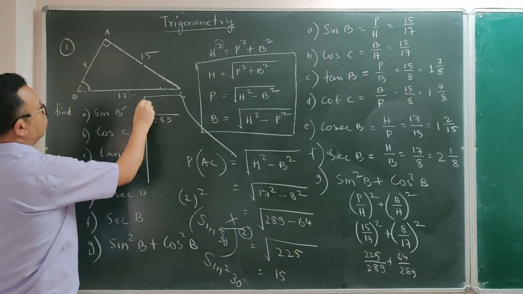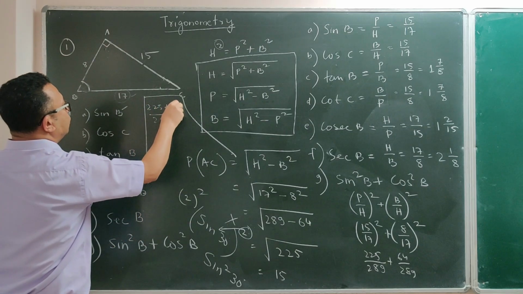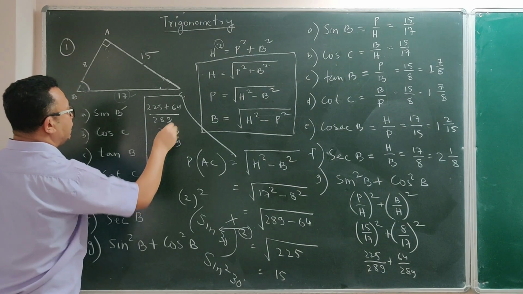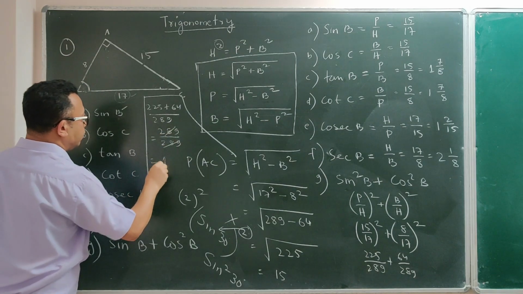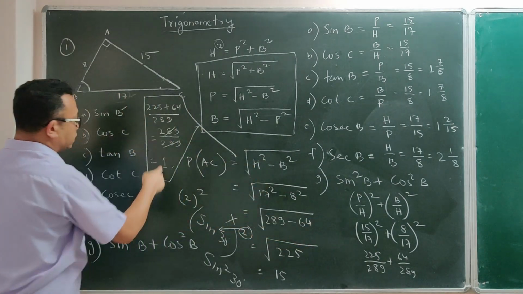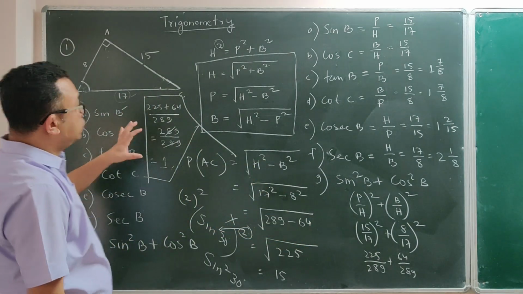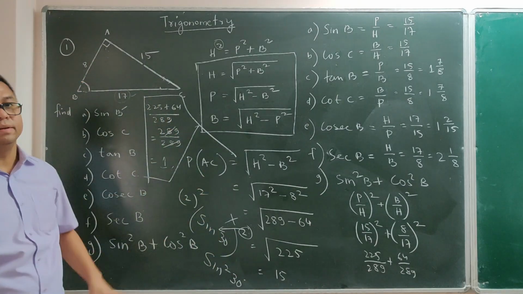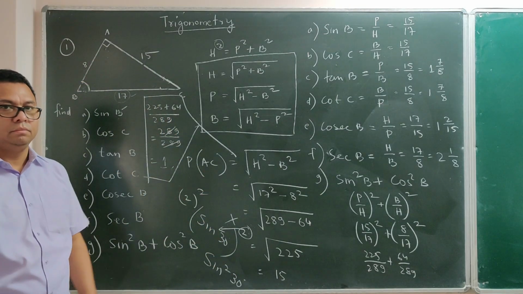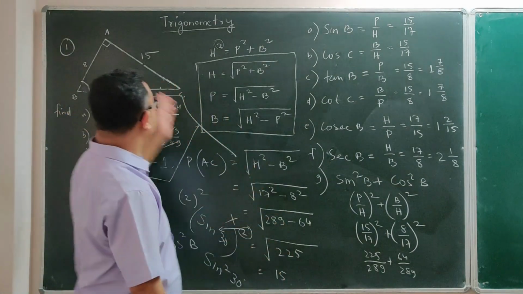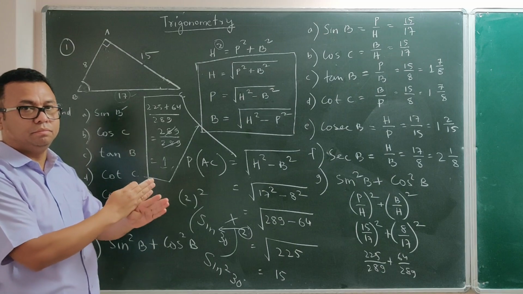Then you have 225 plus 64, which will give rise to 289 by 289. When you cancel it, your value is 1. So the solving part from there is coming 1. So this is how you solve questions where only one triangle is present. Now let us see how to solve questions where there is more than one triangle in the same diagram.